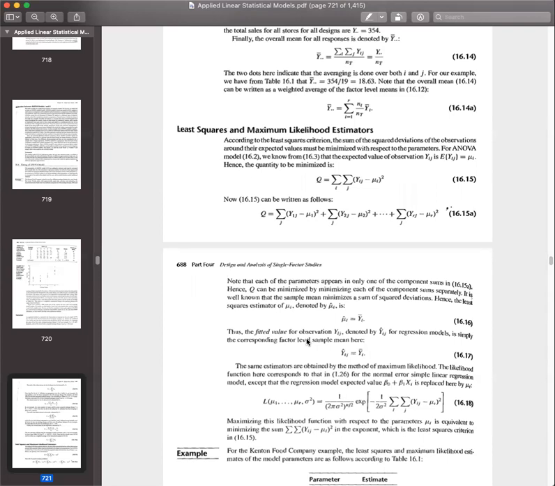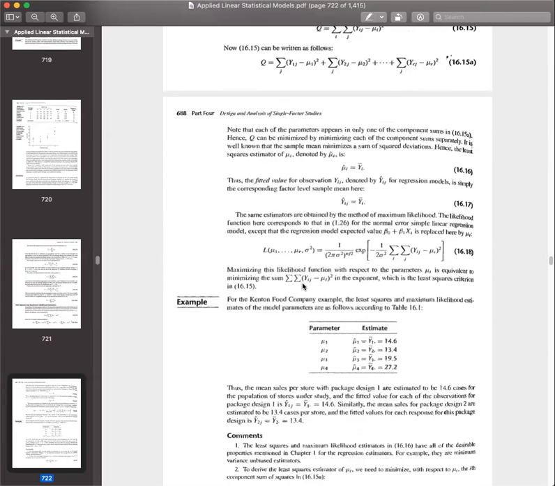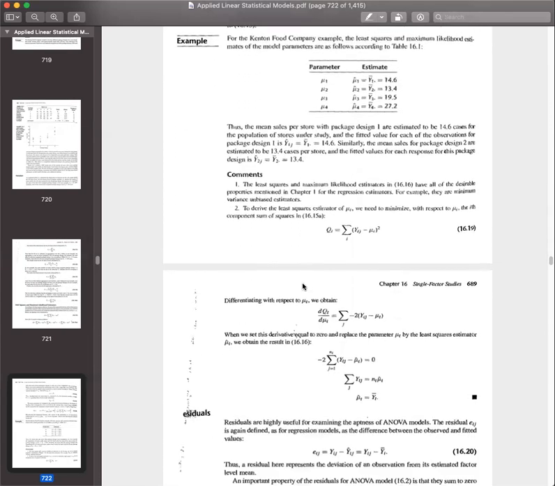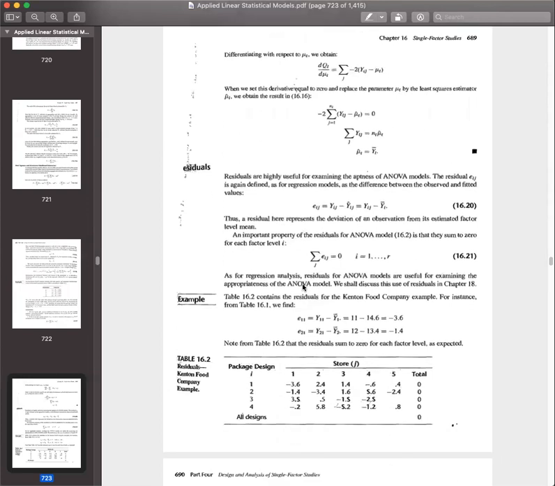The residuals. Residuals are highly useful for examining the aptness of ANOVA models. The residual eij is defined for ANOVA models as the difference between the observed and fitted value.